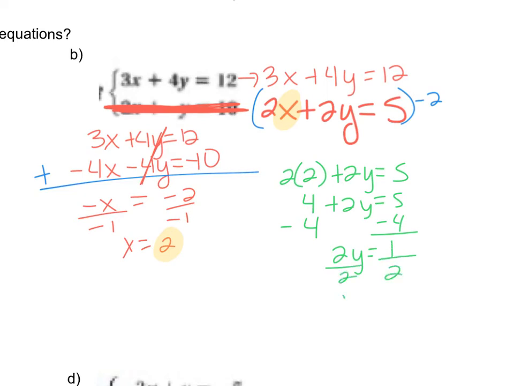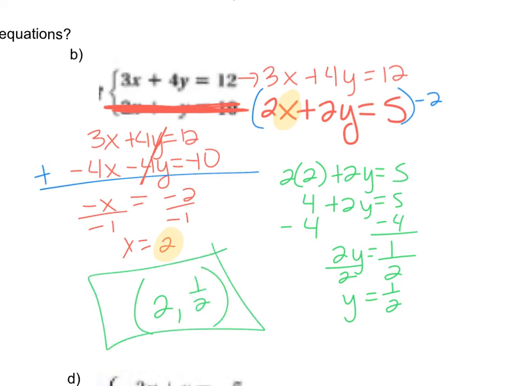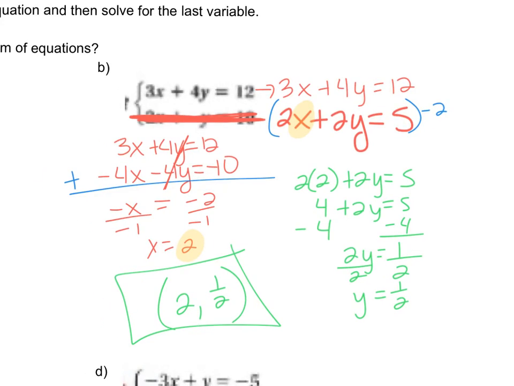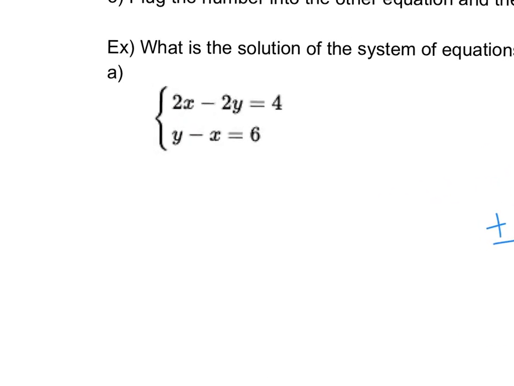Divide by 2. Y is 1/2. So we have our coordinate. The coordinate is 2, 1/2. That's your answer. But as you can see, that one wasn't too bad. It canceled nicely. We did have to multiply it. That's okay. Sometimes you don't even have to multiply it. It's kind of great. Okay, let's do this one.